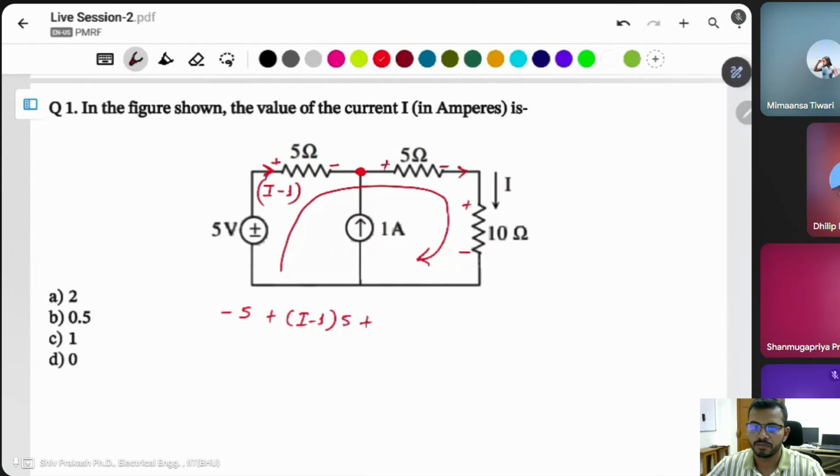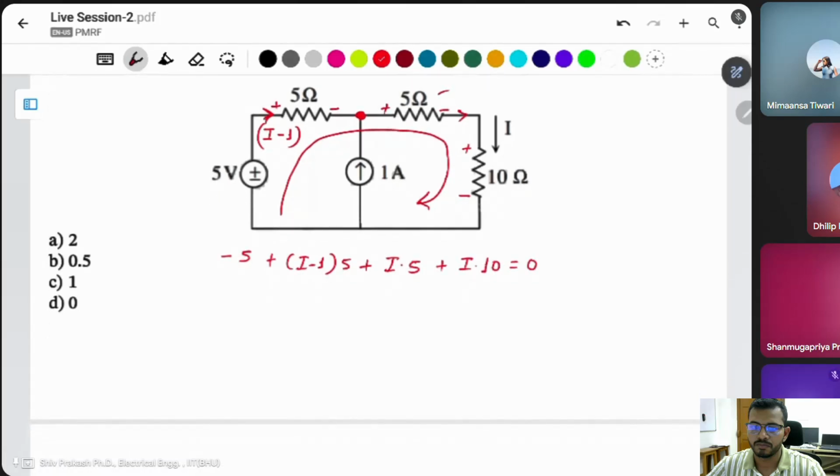Again this resistance is 5 ohm, the current passing through it is I, so I into 5, then plus I into 10 ohm resistance. Okay, you can solve this one.